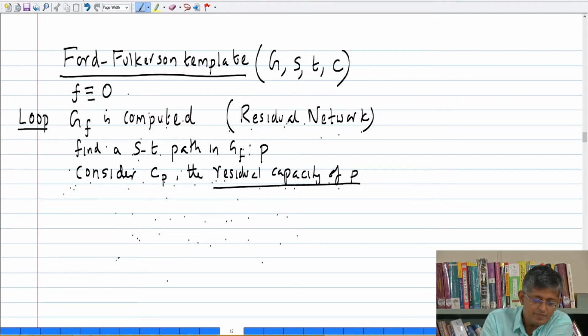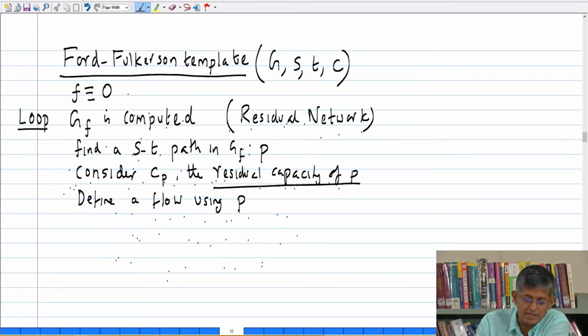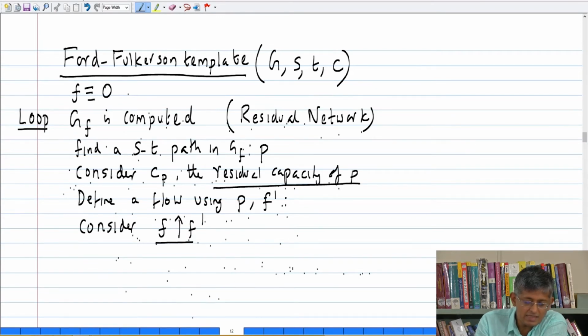Then, using the edges of P, construct a flow called f prime, such that the value of f prime will be equal to Cp, and consider a new flow which we will denote as f augmented with f prime.